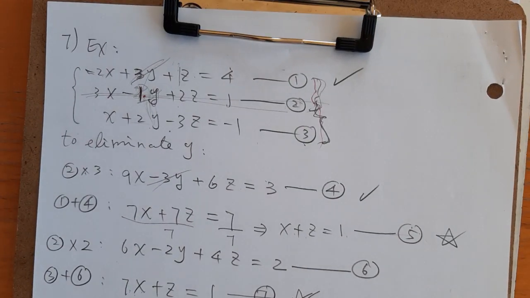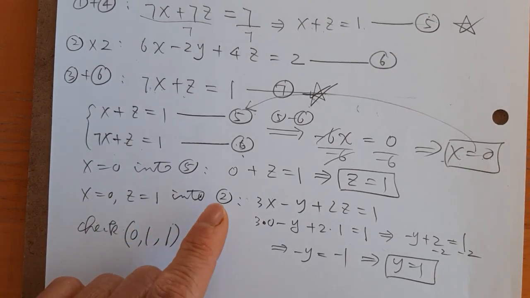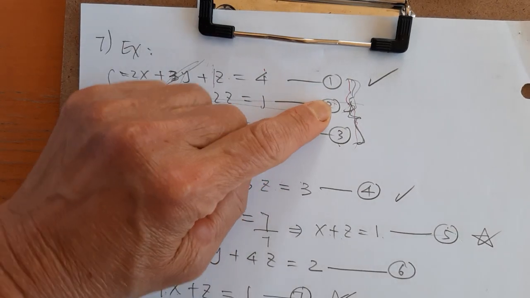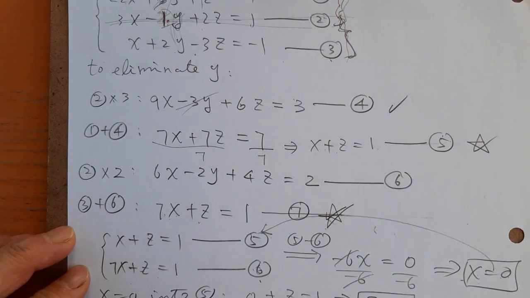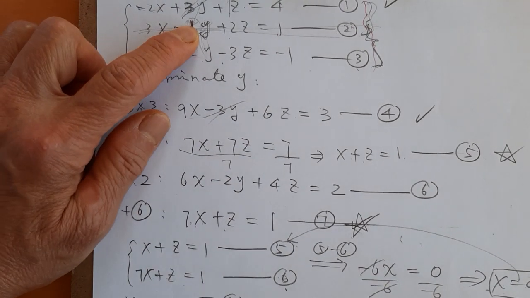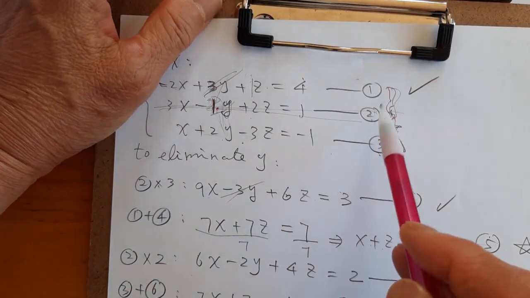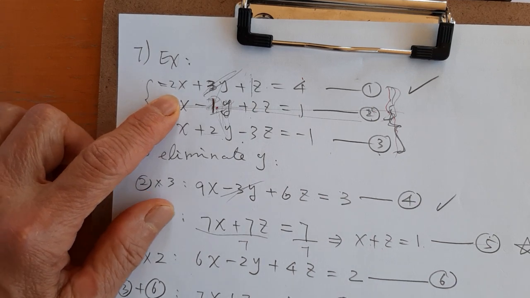Since you plugged x equals 0 and z equal 1 into the second equation to get y, don't check with the second equation, check with the first equation. Don't check with the second equation because y equal 1 came from the second equation.